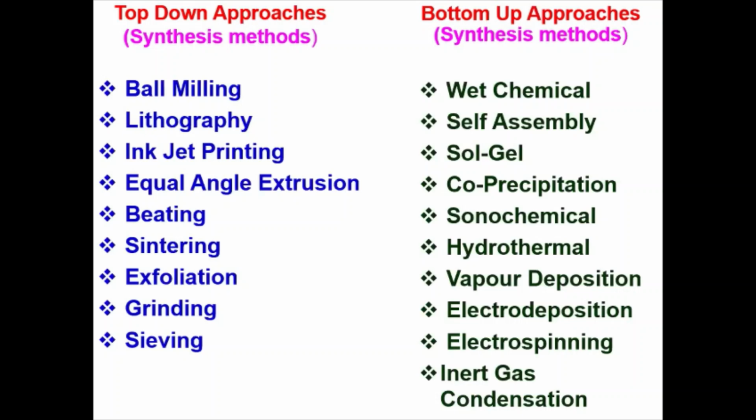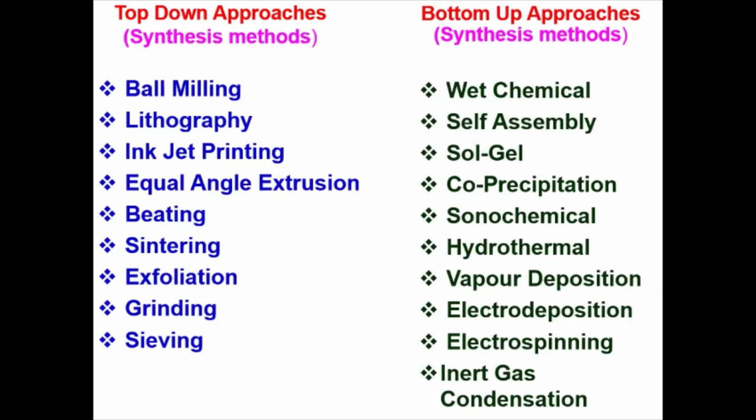Once you want a fibrous route, you may need an electrospinning process to prepare nanofibers. And then inert gas condensation, wherein you modify the vacuum deposition processes with two different liquid nitrogen chambers to get inert gas condensation. These are some of the predominantly used bottom-up approaches.